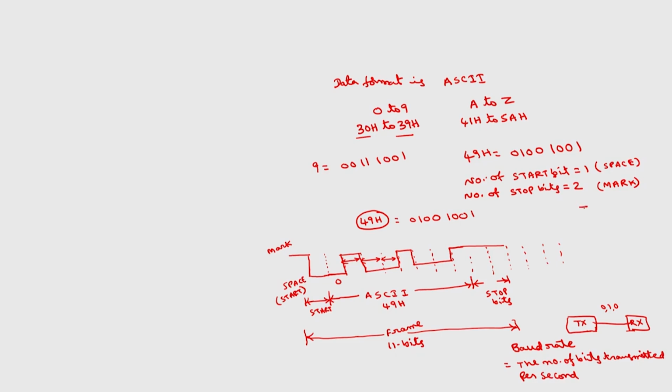So, if I take teletype operation, normally we will use a baud rate of 110. But in most of the commercial applications, printer say, this adjustable baud rate will be used between 50 to 9600 bauds, bits per second.